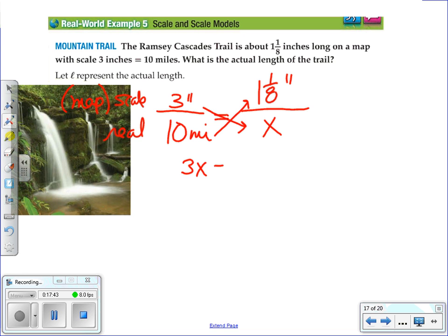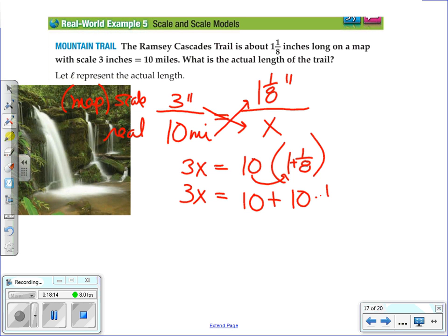3 times x equals 10 times 1 1/8. All right. Or some of you already have your calculator out, probably changing that into a decimal. But I'm going to try it as a fraction. So I'm going to think of it as a 1 plus 1/8, okay? I'm going to multiply 10 times 1, which is 10, plus 10 times 1/8. Okay?